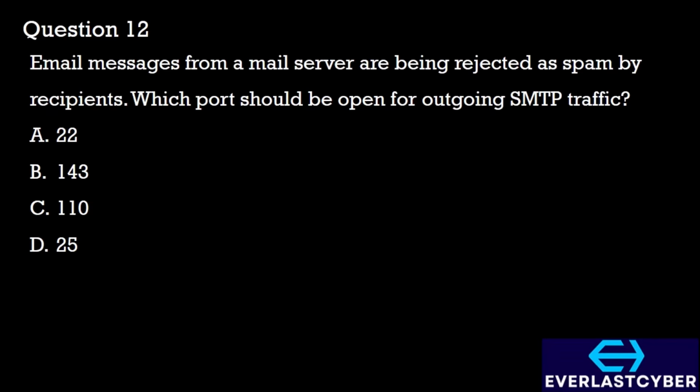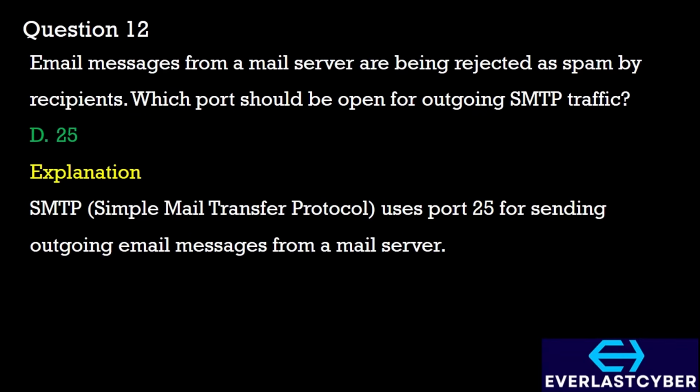So with respect to the question, the port that should be open for outgoing SMTP traffic is port 25, which is option D. If email messages are being rejected as spam, ensuring that this port is open and properly configured is important for the email server to send emails to other servers without being recognized as spam.